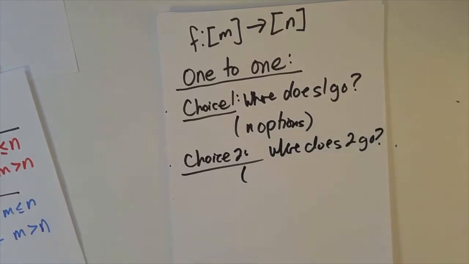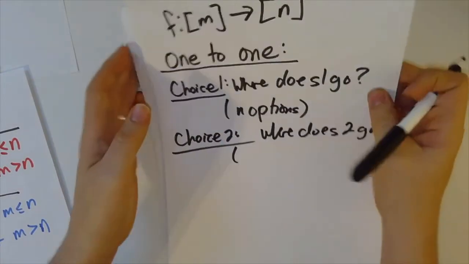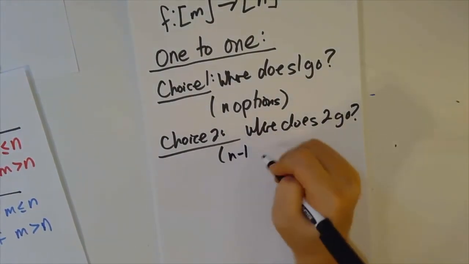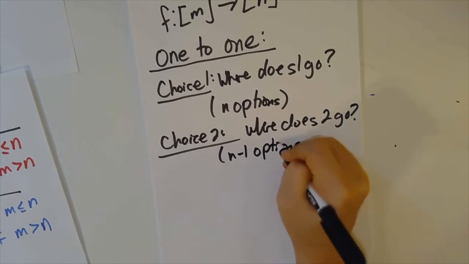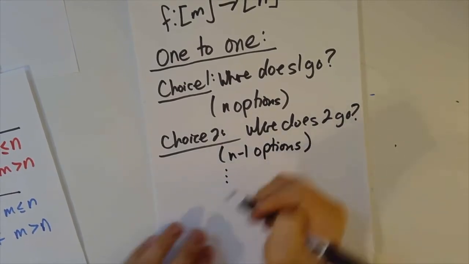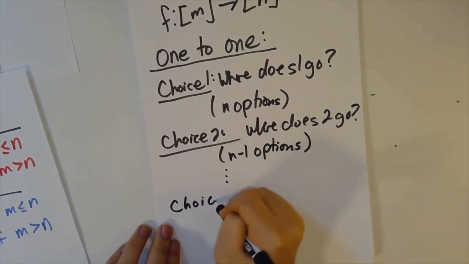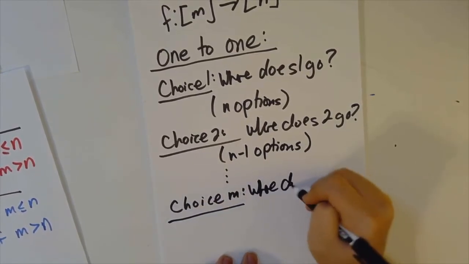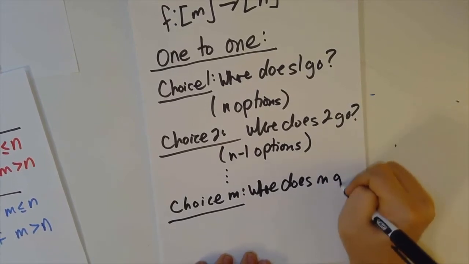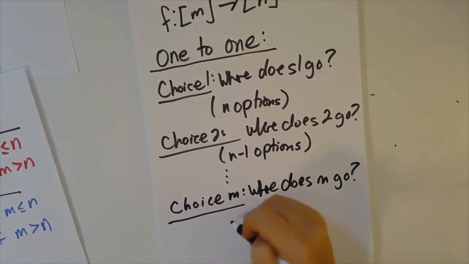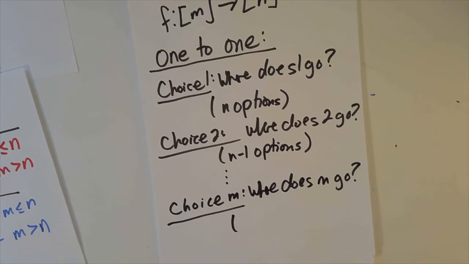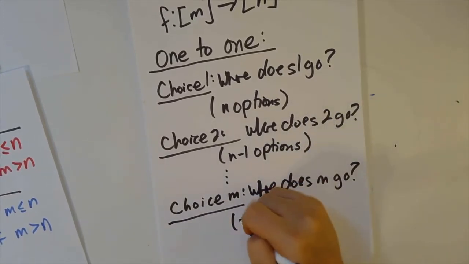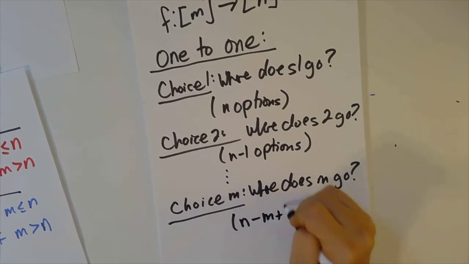Now, because I'm insisting that this function be one-to-one, I can't send 2 where 1 went, so there are now n minus 1 options. And this is going to continue until we get to my final choice, which will be choice m. Where does m go? Now we have to think, okay, there are m minus 1 things that we can't choose. So this is n minus m plus 1 options.